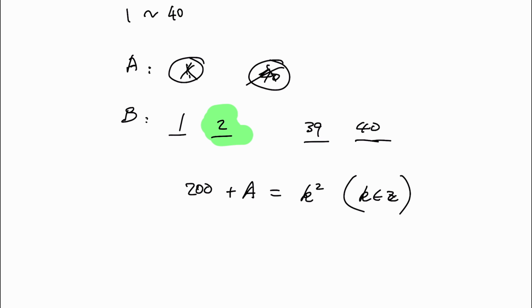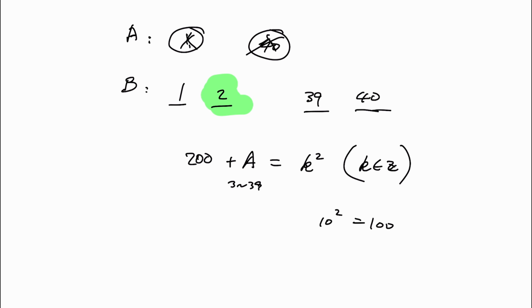And let's think about it. Well, we know that Alice is 1 through 40, or in fact, it's not 1 through 40. It is going to be 3 through 39. Well, if you think about it, just let's say k is 10, then k squared is 100. That's nowhere near 200. If we have 15, that would be 225.